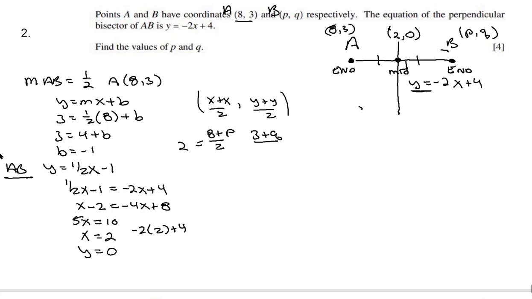All right, but anyway, that's going to get divided by 2, and it's going to equal the midpoint y, which is equal to 0. And so when I multiply both sides by 2, I'm going to get 4 is equal to 8 plus p, and then p is going to equal negative 4. And then when I multiply both sides, I'm going to get 3 plus q is equal to 0. And q is going to equal negative 3. And that gives me the point B is going to be negative 4, negative 3.